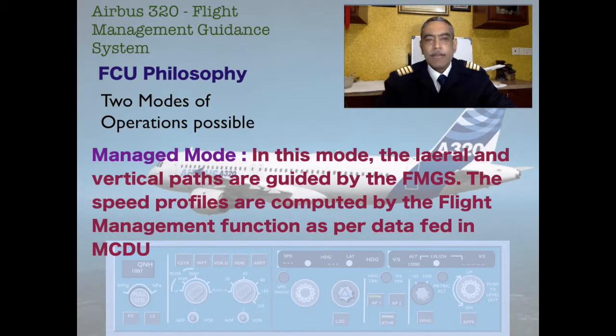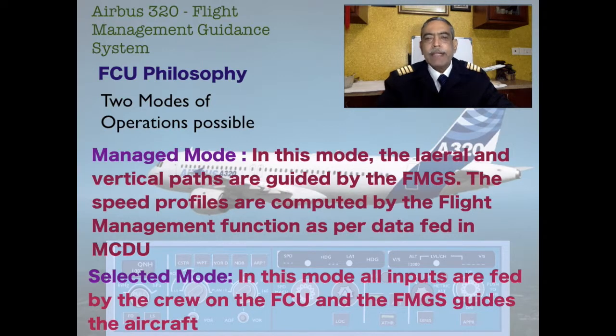possibility of the aircraft. However, there is a selected mode which is possible because, as you all know, during the flight there are several times when there are tactical, immediate changes that are required to be achieved by the captain due to ATC restrictions or due to any other requirements, due to weather maybe.